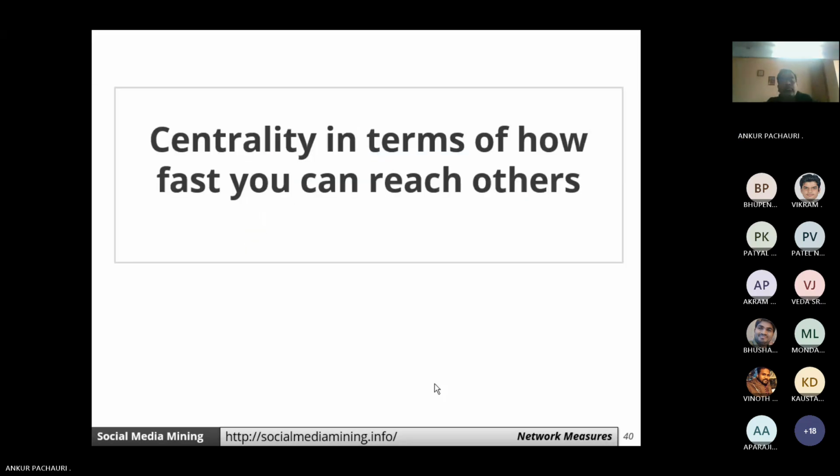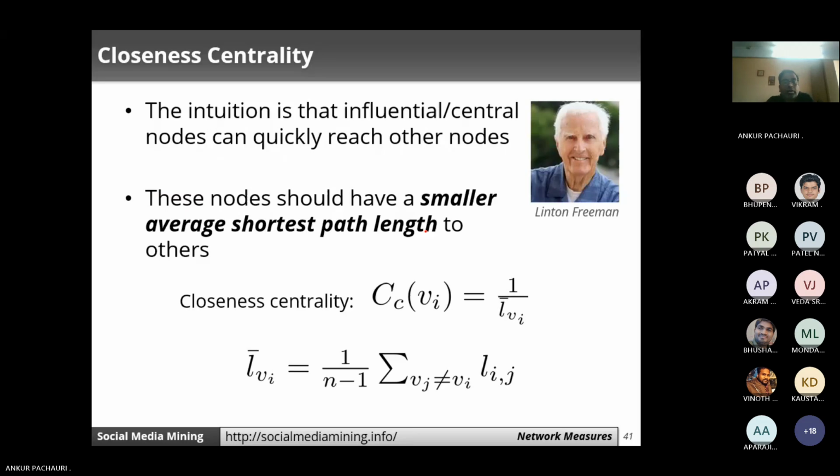Fine. Another centrality measure is in terms of how fast you can reach, meaning the size of the shortest path. We call it closeness centrality.